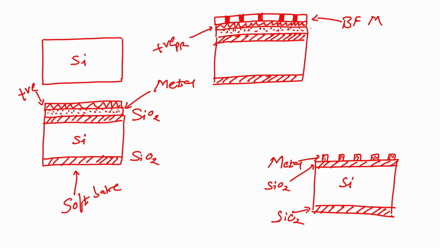Positive photoresist, bright field mask, and then you have your metal, silicon dioxide on top, silicon dioxide on bottom, silicon as a substrate.